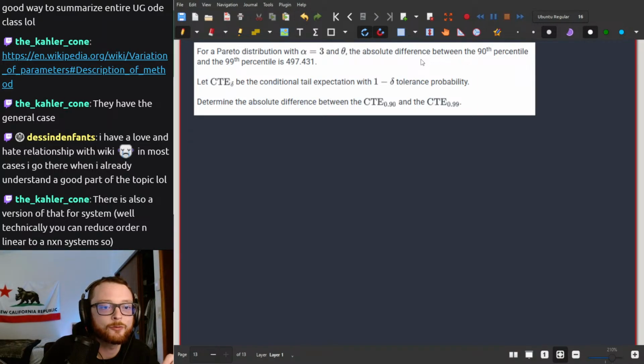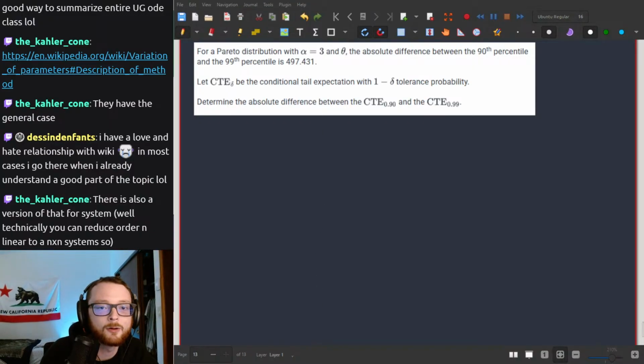Pareto distribution, alpha equals 3 and theta. The absolute difference between 9 and 8. Okay, but CTE be the conditional tail expectation. So this is using some terminology I don't know.